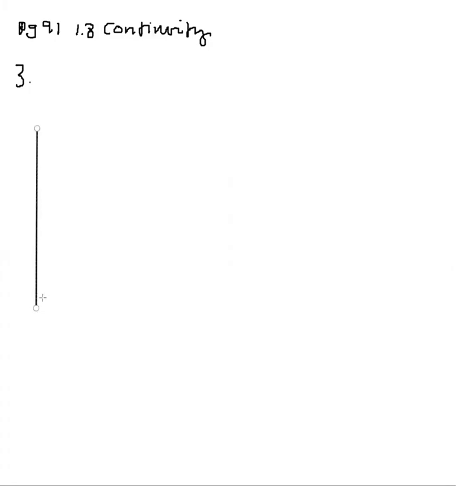So where are some places on this graph in problem 3 where F is discontinuous? And why? Okay, yep, there's a hole there at -4. And why at -2?